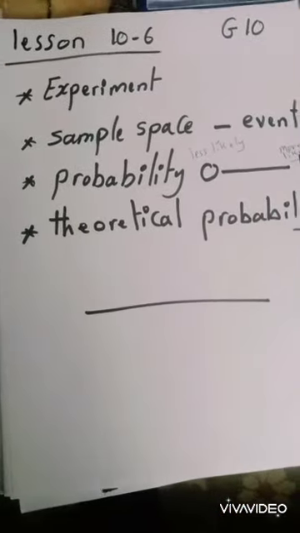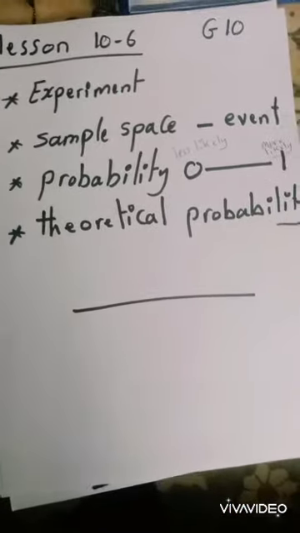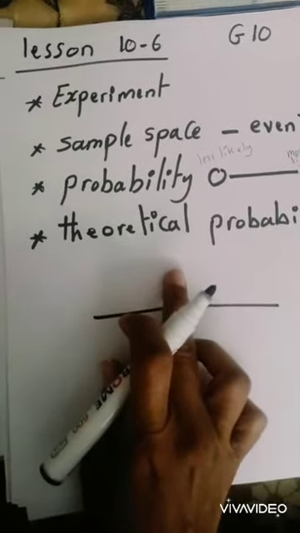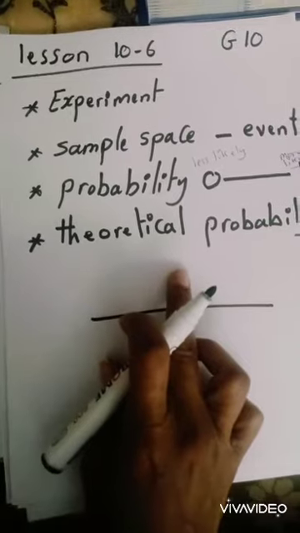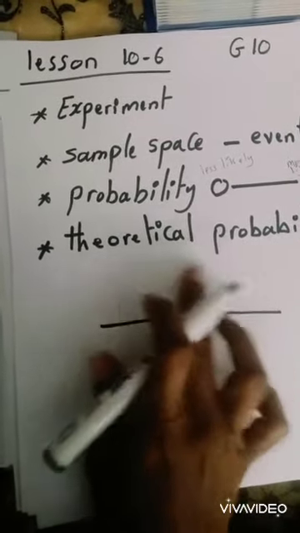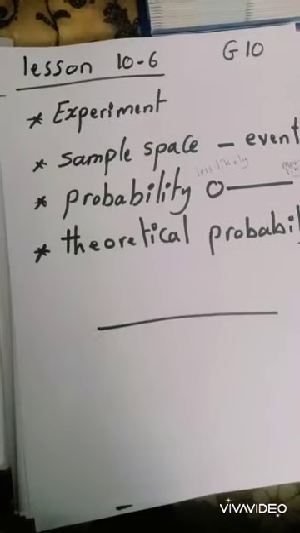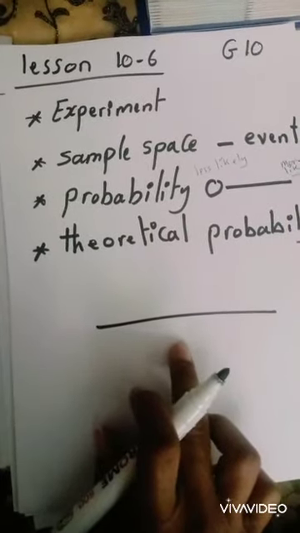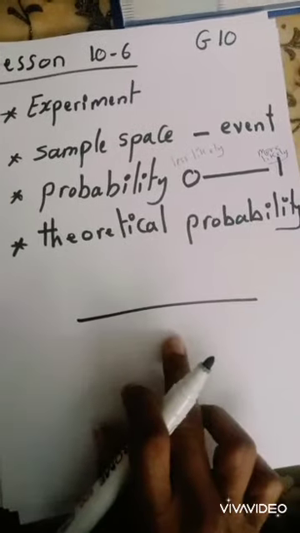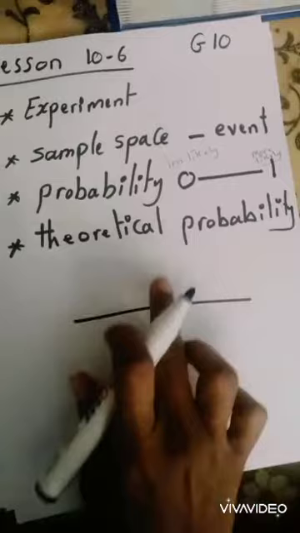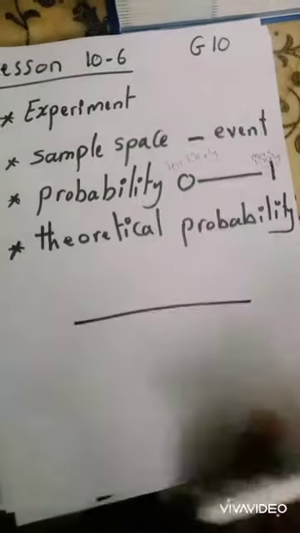It is a ratio of the number of outcomes of the event, the top number, to the number of outcomes in the sample space, the total outcomes, the whole set of outcomes.